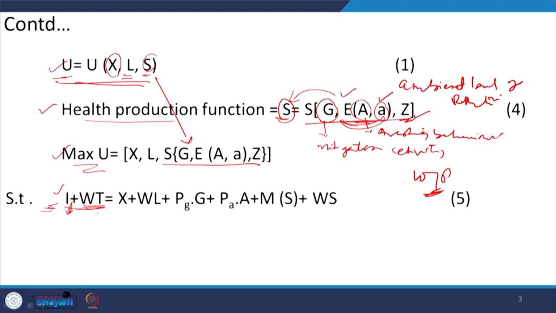That means a person is doing some kind of labor and getting wages, and that is one portion of his income, and the other portion is not from labor. It is from a fixed kind of income, maybe he is getting some interest on his fixed deposits. Again, this we have already explained.